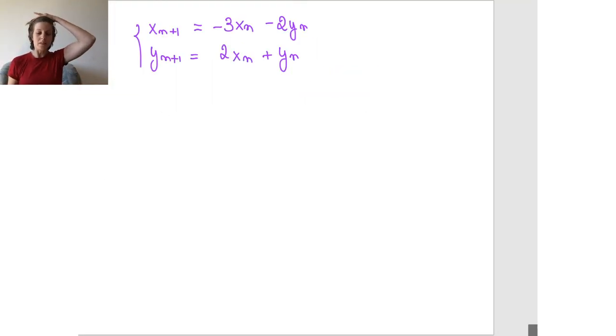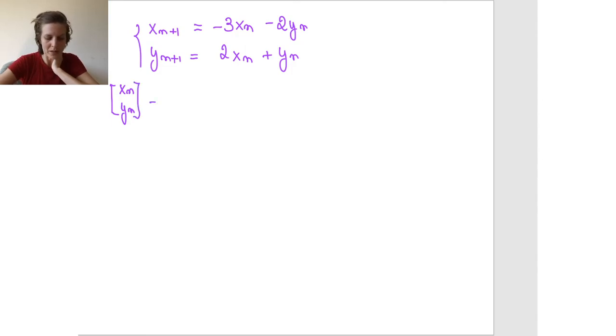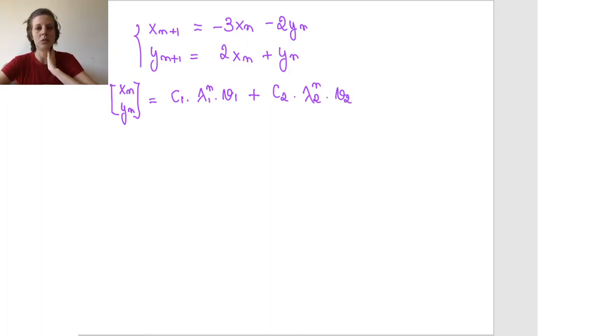So here again, it's a linear system, and for finding its solution, which will be x_n, y_n, it will be equal to some constant 1 times the first eigenvalue to the power of n times the first eigenvector, plus some constant 2 times lambda 2 to the power of n times the second eigenvector.